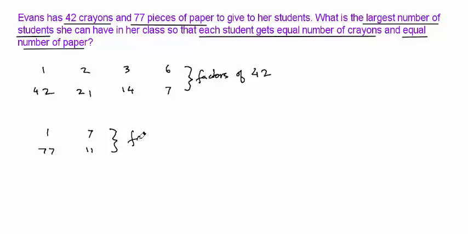These are the factors of 77, and they have two common factors, 1 and 7. And the greatest common factor or the largest common factor is 7. So the largest number of students she could have in her class is 7. So each student in that case would receive 6 crayons each and 11 pieces of paper each.